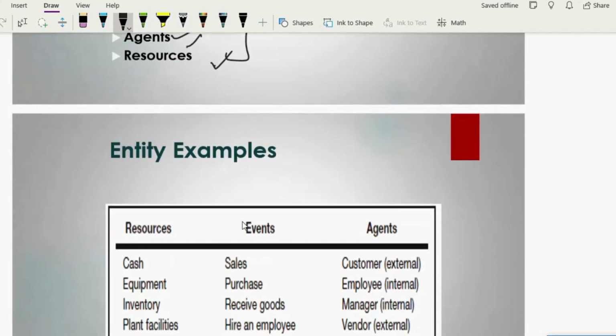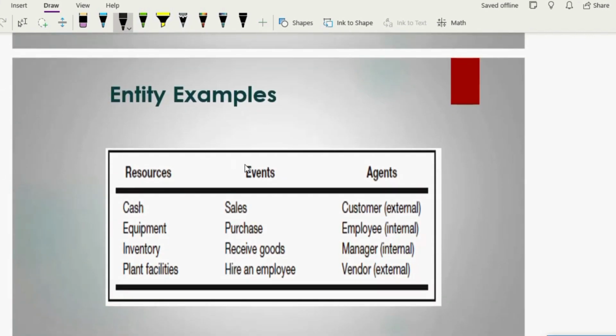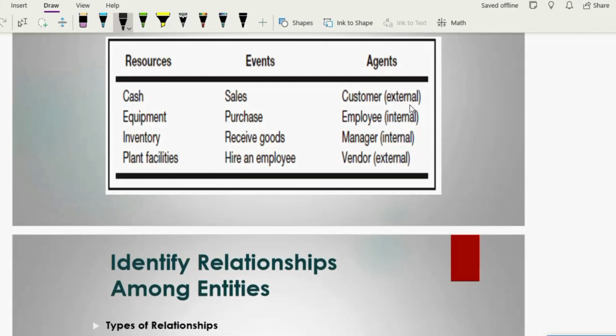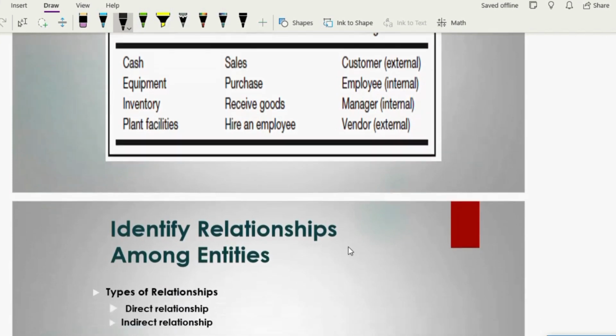We have this diagram for examples of REA resources. Can you see cash, equipment, inventory, different plant assets? Events are sales, purchases, receiving goods, hiring an employee. Agents could be customers, employees, managers, vendors, insiders, and externals. Can you see we wrote here internals and externals?